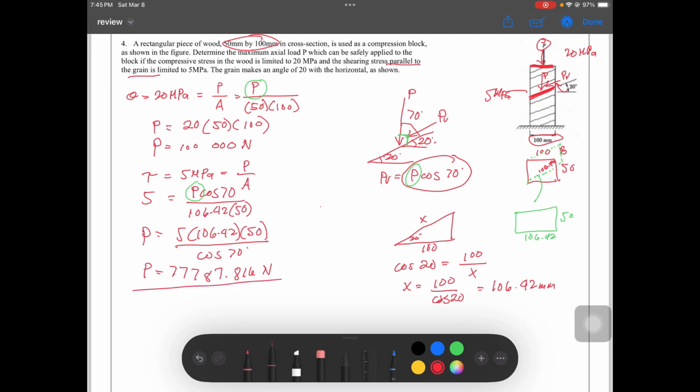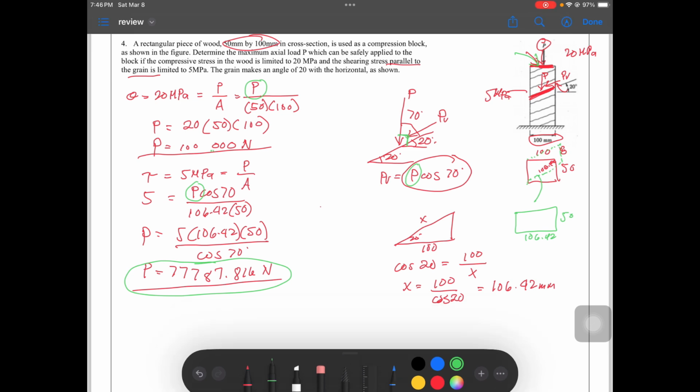Yun yung P dahil sa shearing stress limit natin. And this is P dahil sa compressive stress limit natin dito. So, anong magagawin? Siyempre, yung mas maliit, since magfe-fail ang ating shearing stress kapag 100 ang load na P natin.